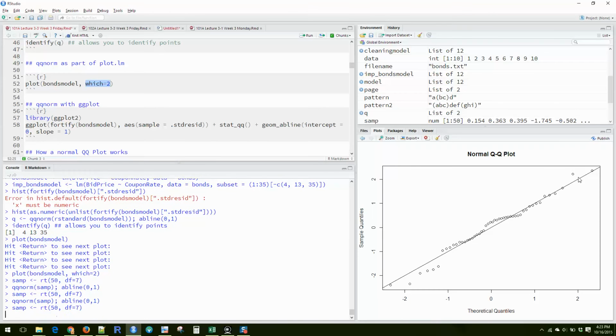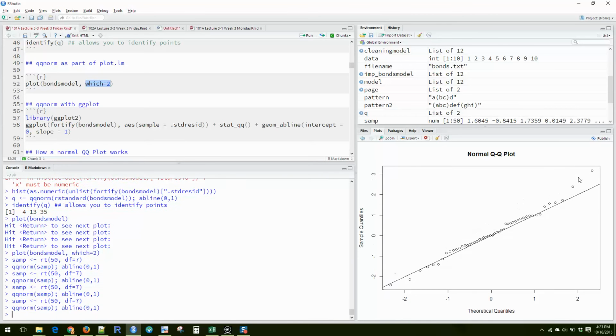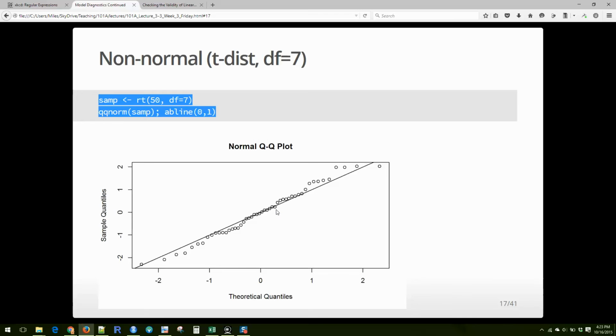These are all coming from a random t-distribution. Sometimes you get these flare-ups, but the t-distribution looks pretty close to the normal distribution, so it might not always be easy to detect.